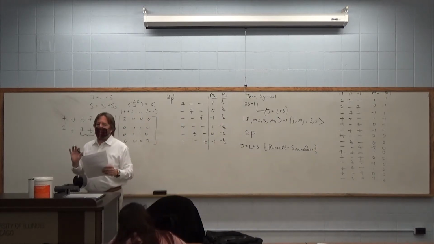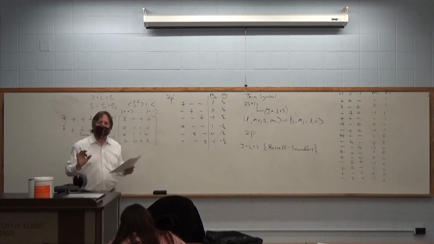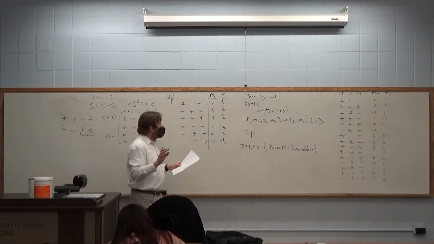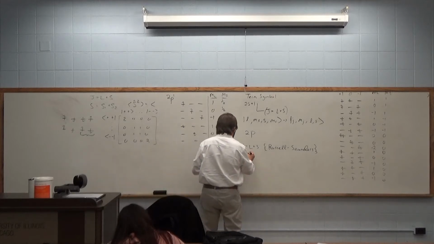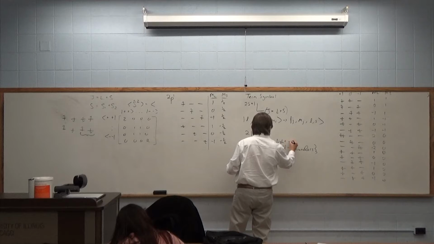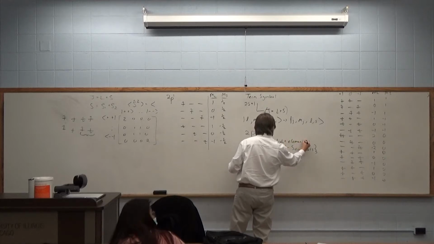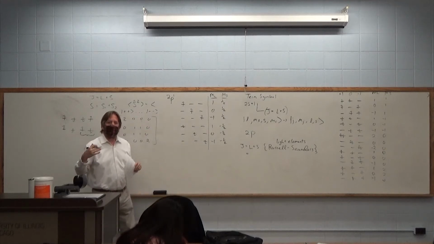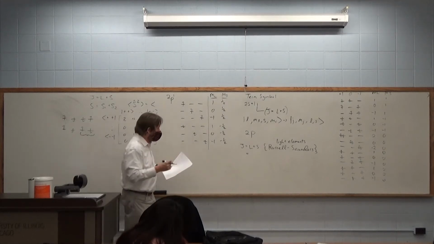Now it's just a matter of vector addition. I'll do some vector addition. This is for light elements. If you have heavy elements with high spin orbit coupling, you do a procedure called JJ coupling.